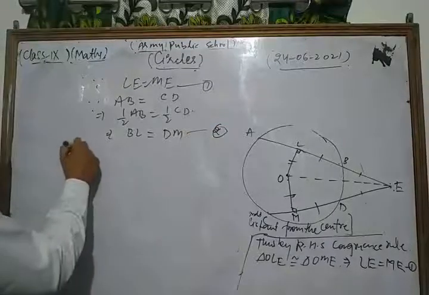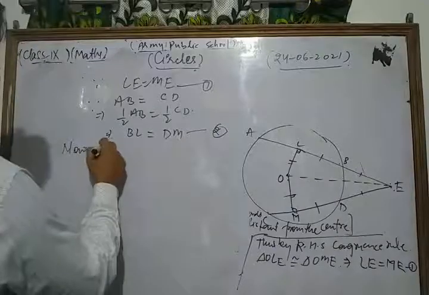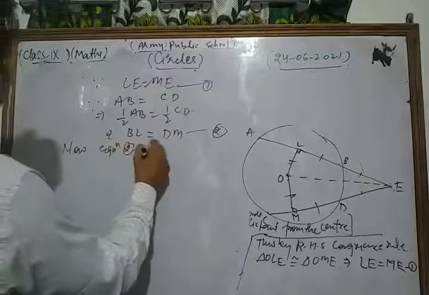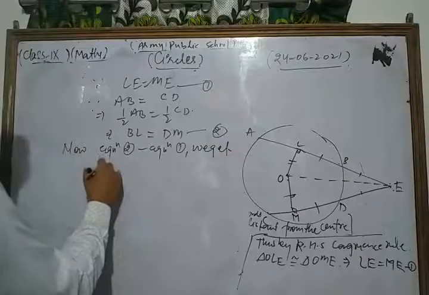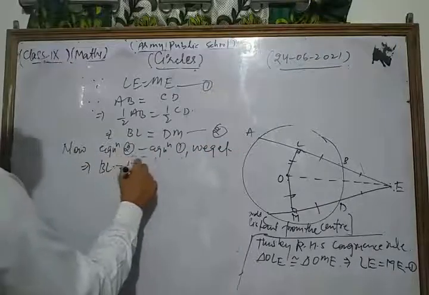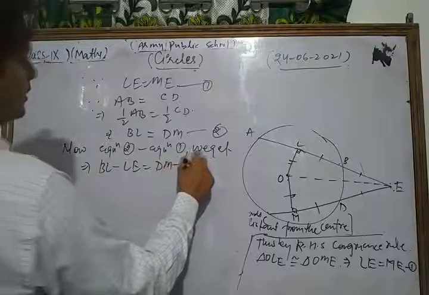Now, equation 2 minus equation 1, we get BL minus LE is equal to DM minus ME.